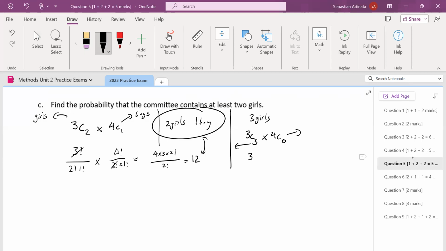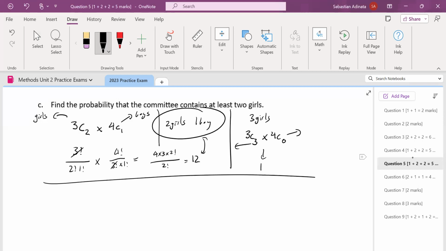This would become over, then 4 choose 0 would be, there's only one possible outcome for this.